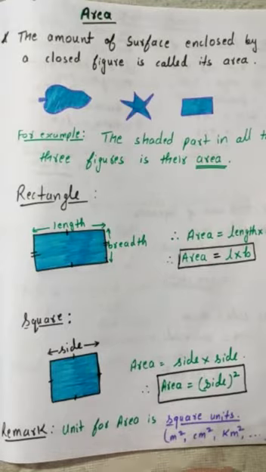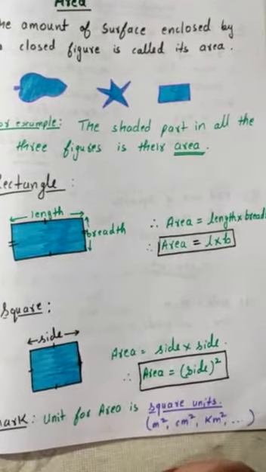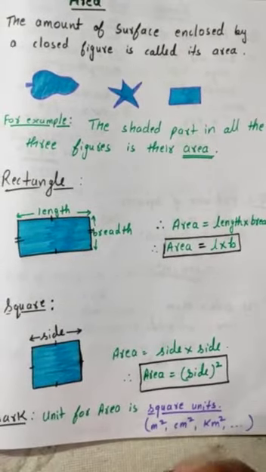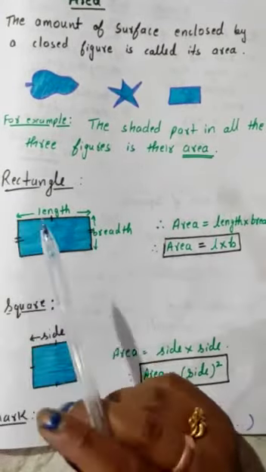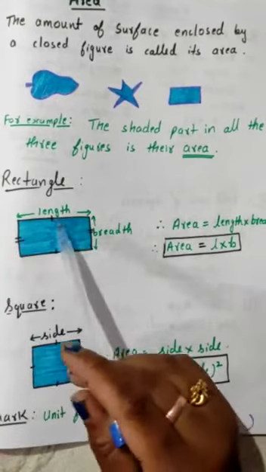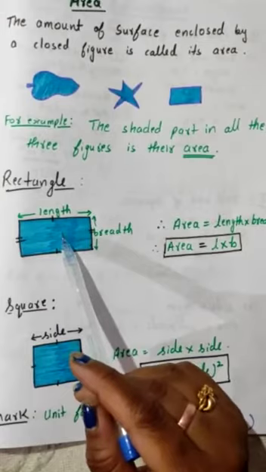Now we are going to study the formulae for calculating area. You all have learned the perimeter of rectangle, perimeter of square. They were having a definite formula for calculating their total length of the boundary. Similarly, if you want to calculate how much is this area, you have a particular formula.